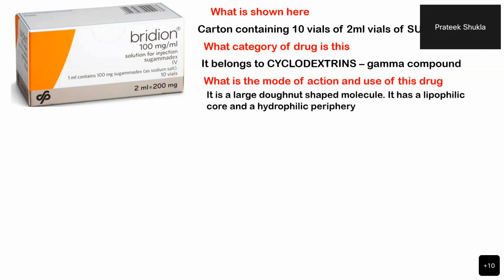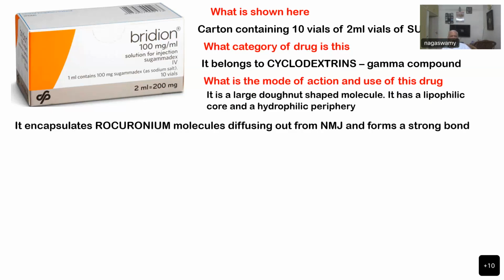It's a large donut-shaped molecule with a lipophilic core and a hydrophilic periphery. The periphery is easily water soluble, and the inner core is lipophilic. So it encapsulates rocuronium molecules diffusing out of the neuromuscular junction and forms a strong bond.